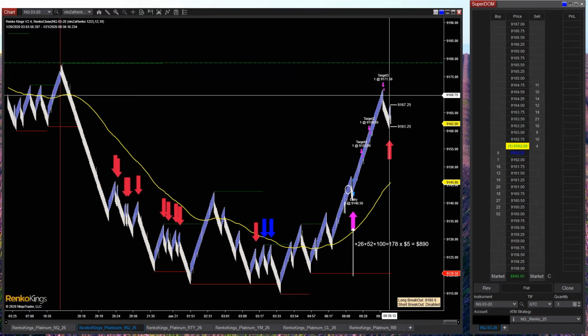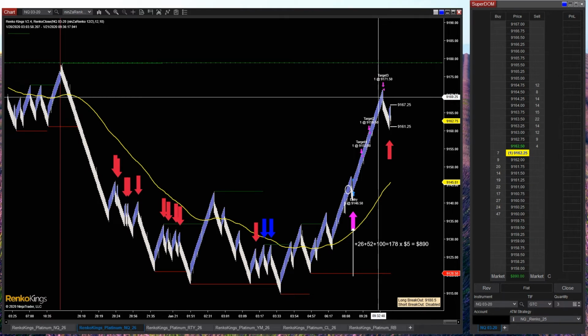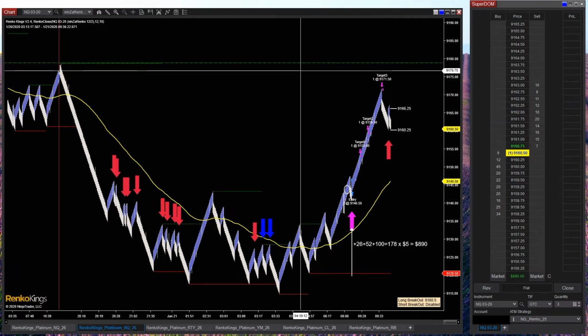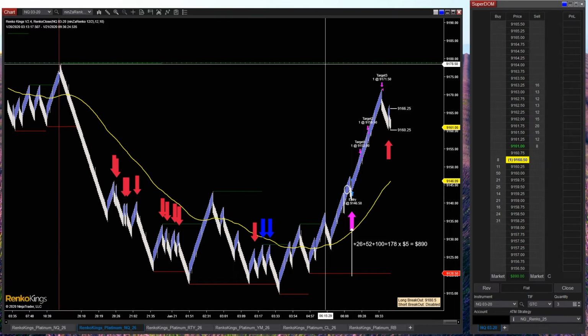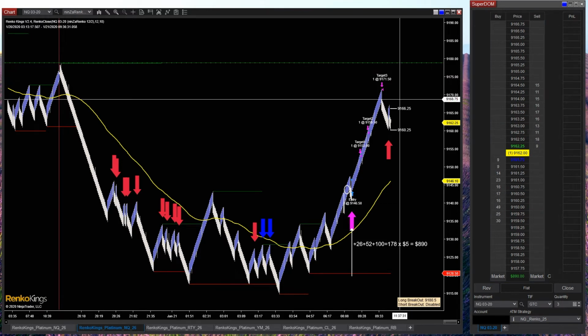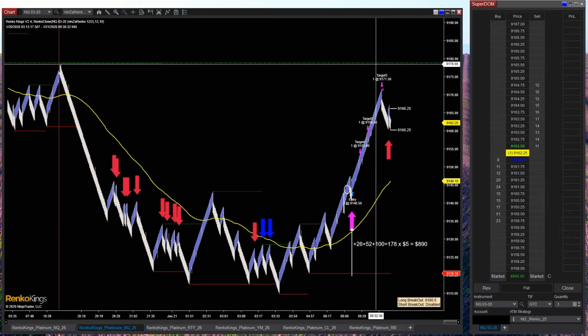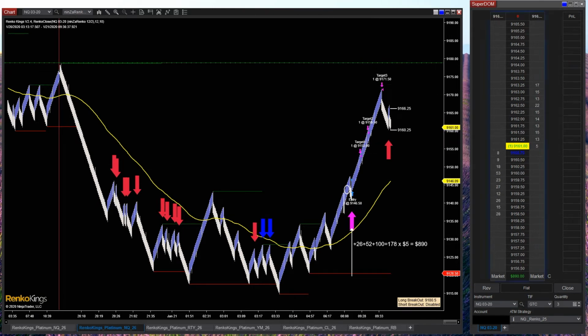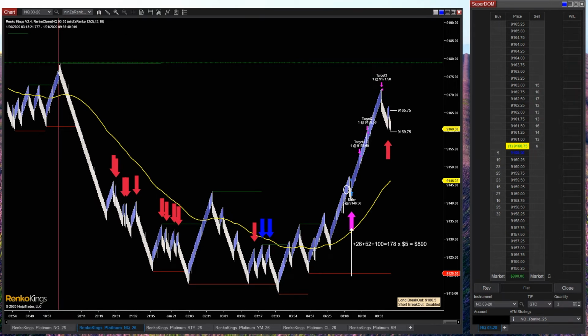I would like to see what happens when it gets up to here. Does it bounce right off of this, or does it continue going through it? So let's just give it a little bit of time and see what happens. I'm not going to trade it, but I'm just looking at it as another scenario, to comment on it so you can learn from it.